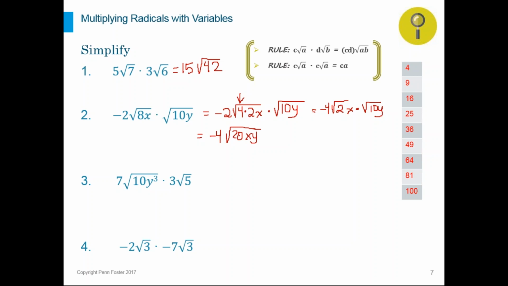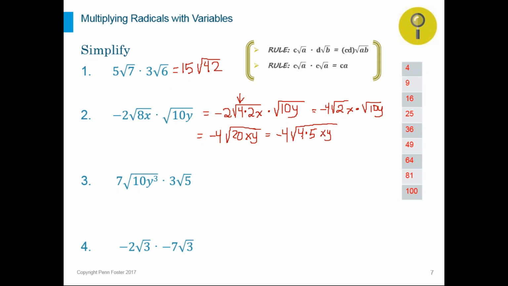Now I see 20, and I know that 4 times 5 is 20, and 4 is a perfect square factor. Let's rewrite that to see what we mean by that. So 4 times 5, that's the 20 here, times xy.